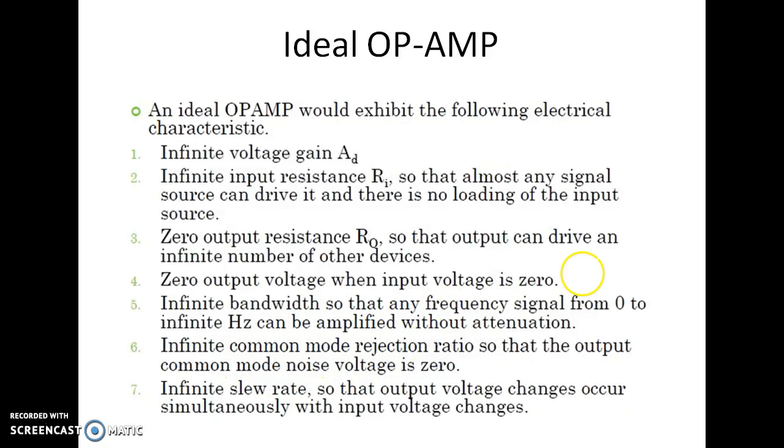Then infinite common mode rejection ratio, so that output common mode noise voltage is 0 for the ideal operational amplifier. Infinite slew rate, so that the output voltage changes occur simultaneously with the input voltage changes.